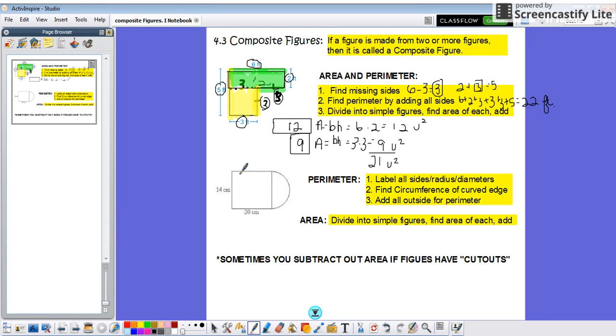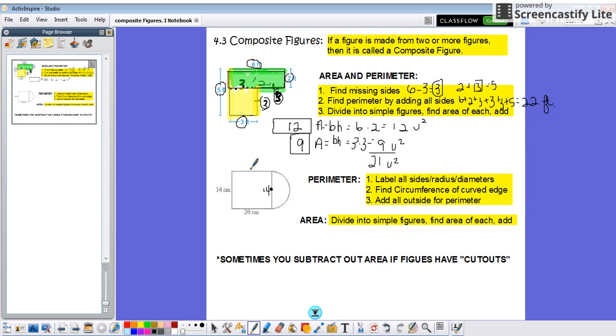So the first figure we see here, this rectangle, is pretty simple. So we need to label all the sides, radii, or diameters. So if this is 14, we know this side is also 14, which then, in turn, you can see is our diameter.